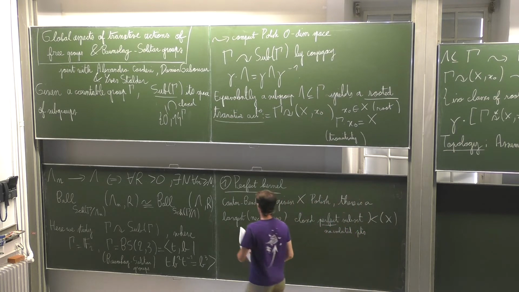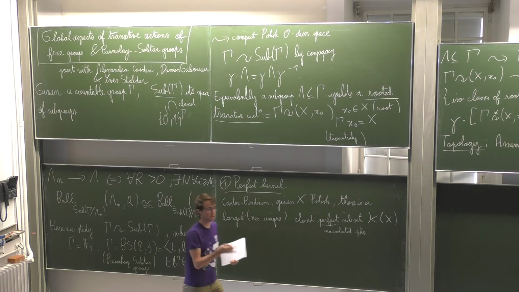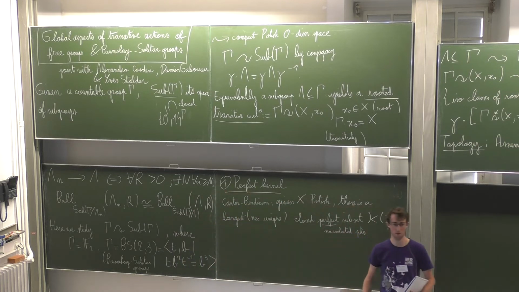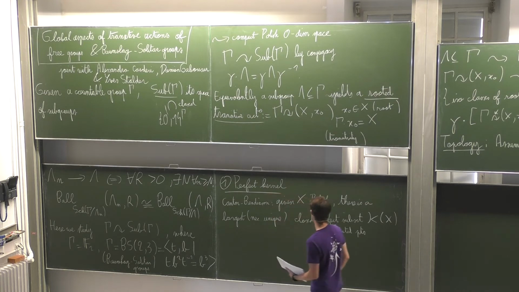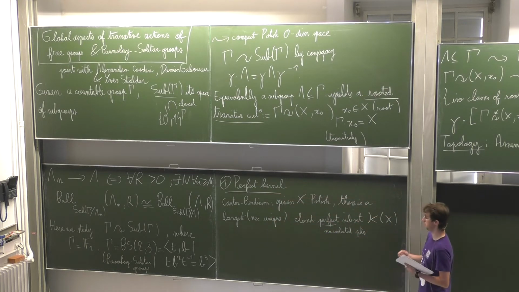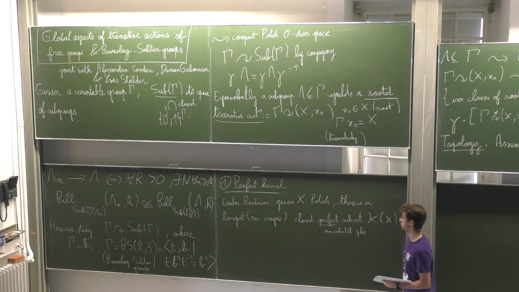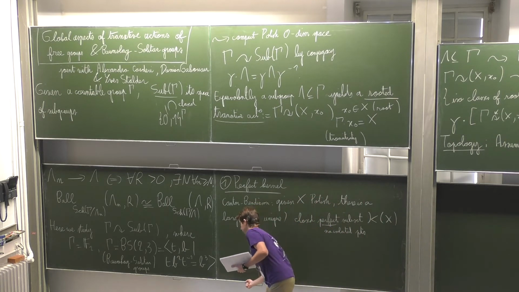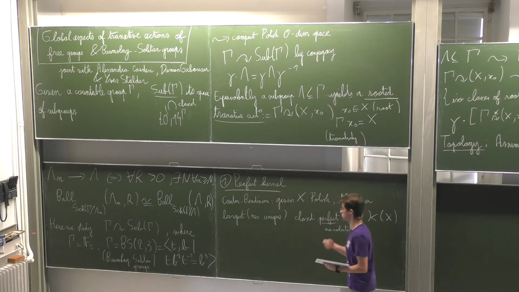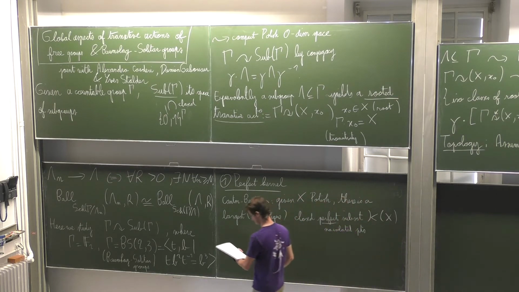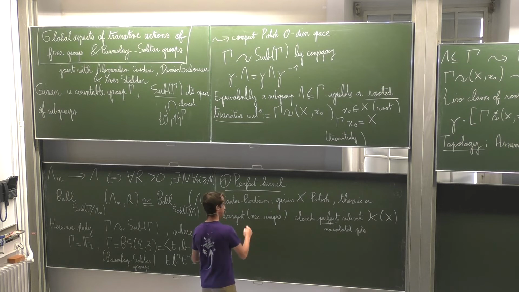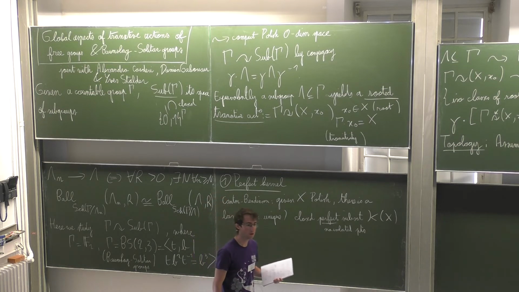Let me just remind you that one constructive way of proving this is by removing isolated points and keeping on doing that. The point is that you have to do this over a countable ordinal, but after countably many steps, you will arrive at this perfect kernel. Sorry? X is compact?